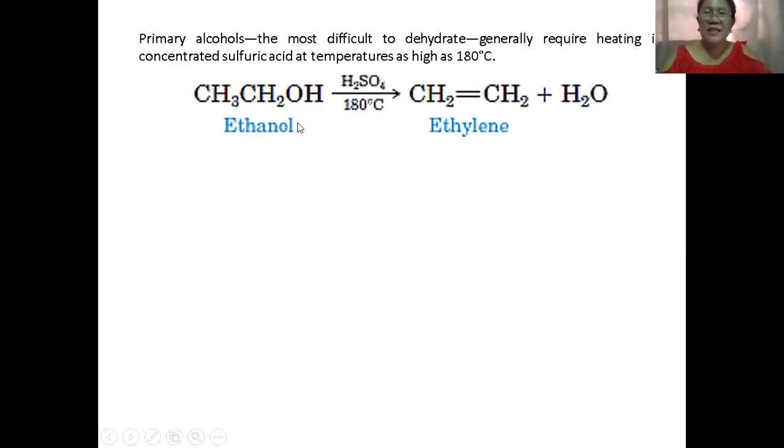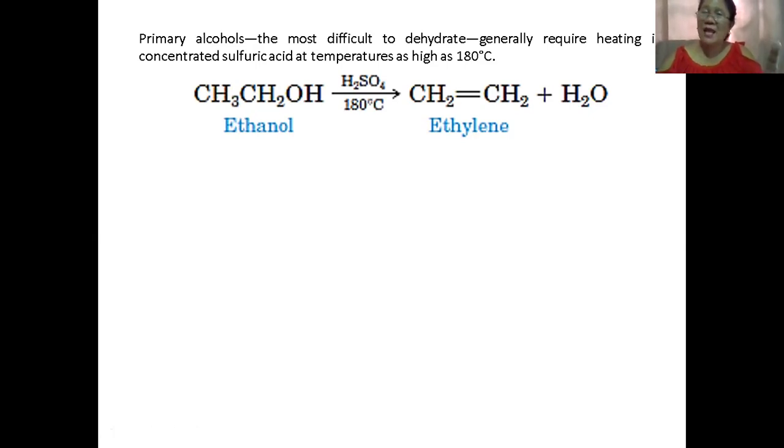The OH will be taken out and the H on the adjacent carbon will combine with your OH to form H2O. So what happened here? You have CH2, and that will be converted into an alkene. I repeat, the primary is an alcohol.